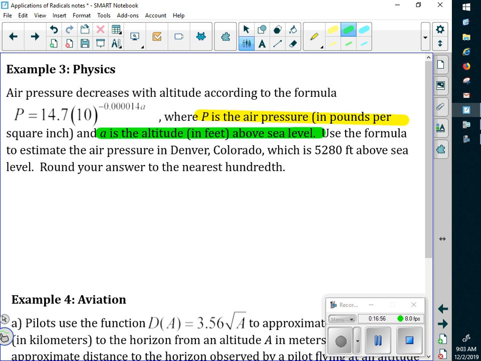If we're estimating air pressure, are we looking for P or are we looking for A? We're estimating air pressure. P is the air pressure, so we're looking for P. And what does it tell us here? Colorado is 5,280 feet above sea level.